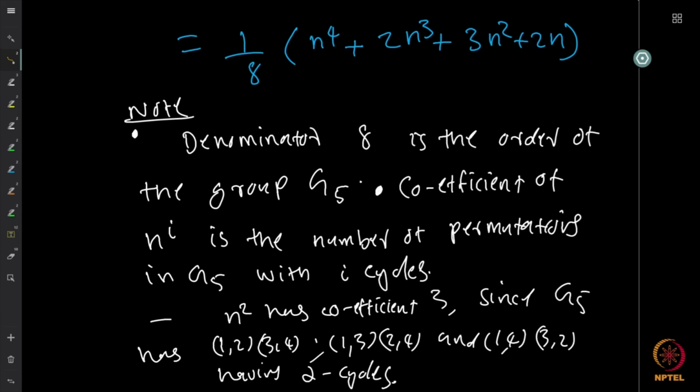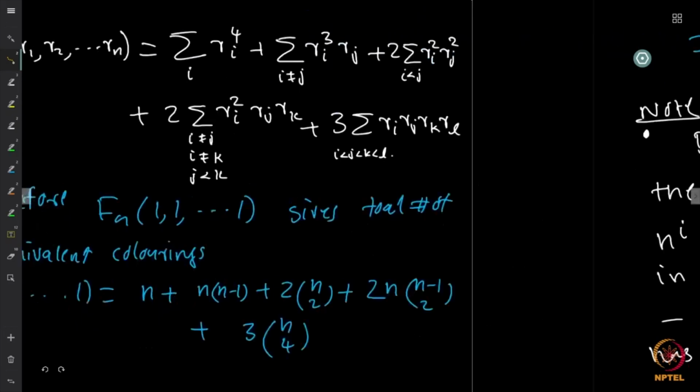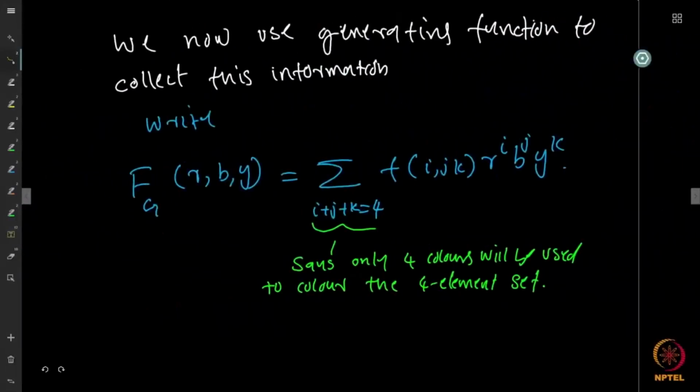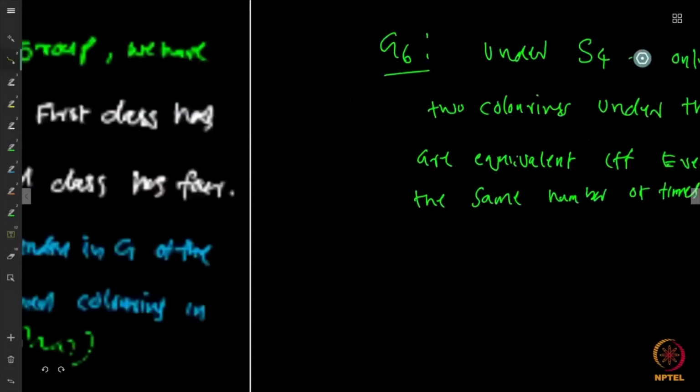Now similarly, you will have 2 permutations in G5 where you have 3 cycles. Let us look at the permutations actually, right? So what are the permutations in G5?